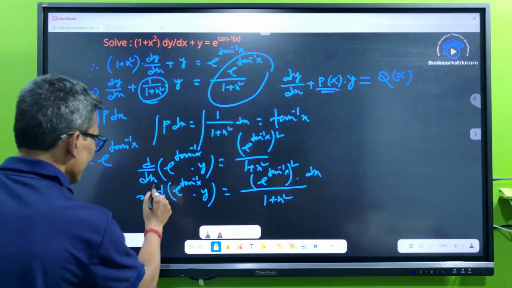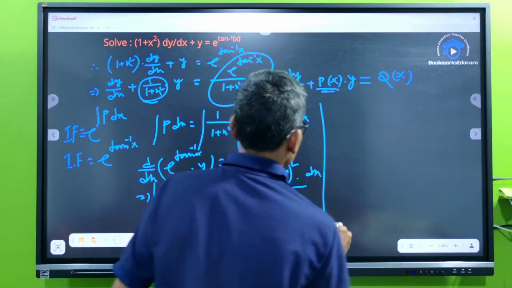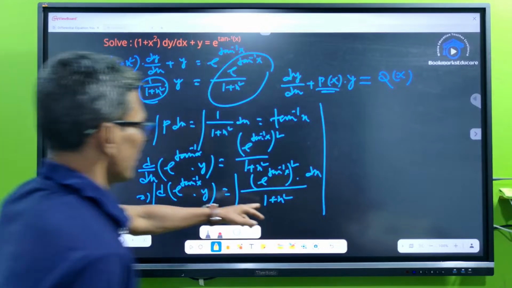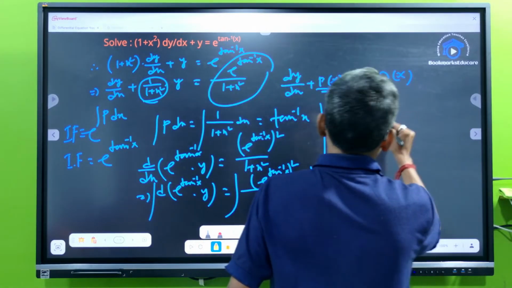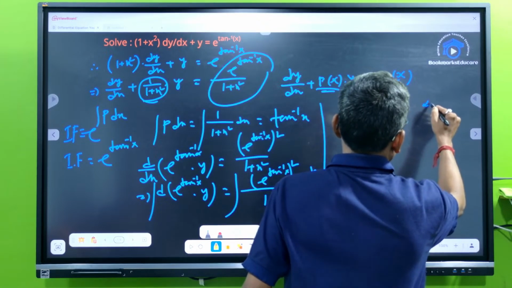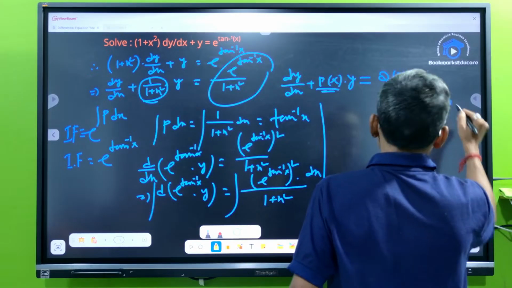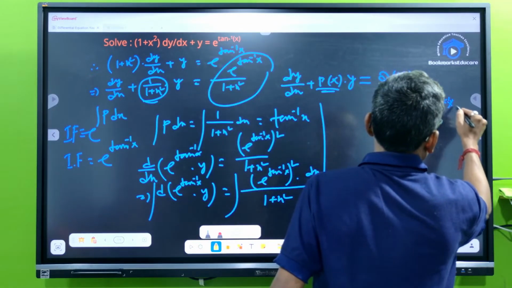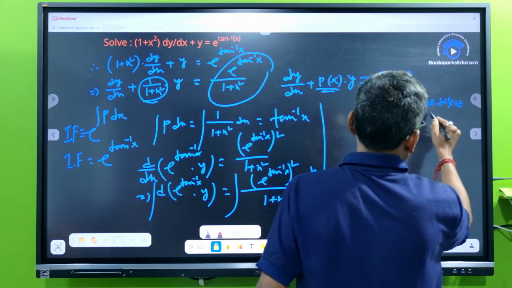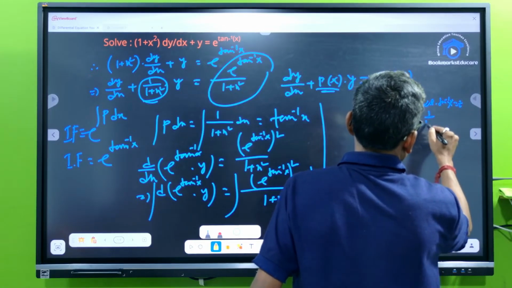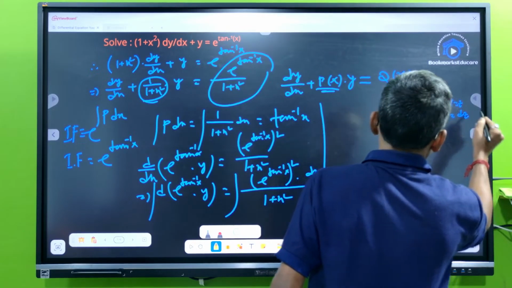So integrating on both sides, let tan inverse x is equal to z. Differentiating on both sides with respect to x, 1 by 1 plus x square dx is equal to dz.